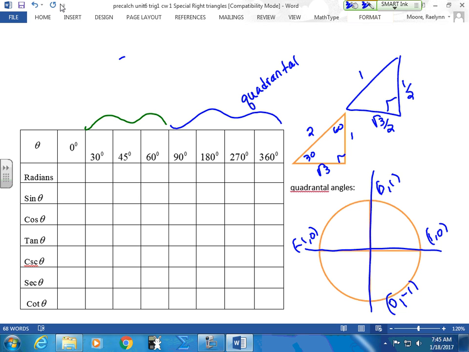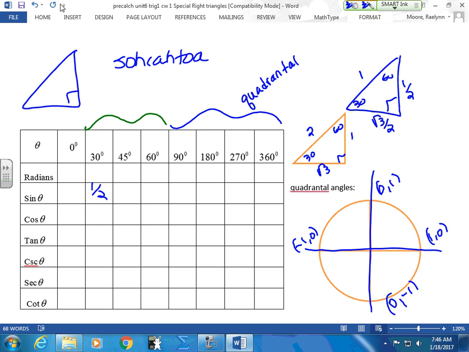So again, sine of 30. Sine of 30 says the opposite over the hypotenuse. If you do this one, 1 over 2. If you do this one, the sine is the opposite because the hypotenuse is 1. So you don't have to divide by 1, right? So no matter what we make this, it will reduce down.